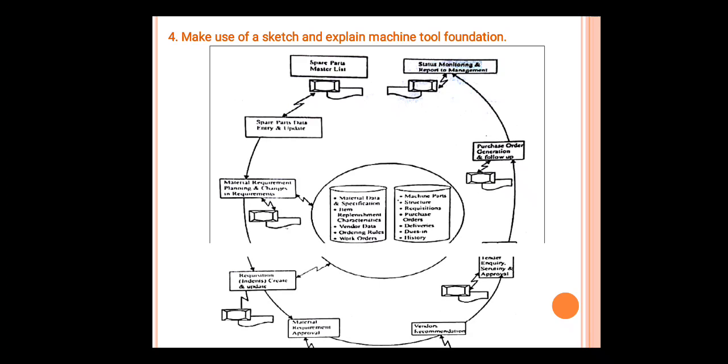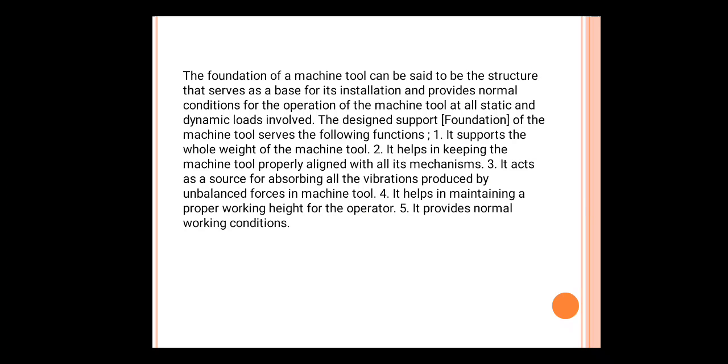Likewise, you have to collect all the data. So this block diagram shows the machine tool foundation briefly with a sketch. So this is some explanation regarding the machine tool foundation.